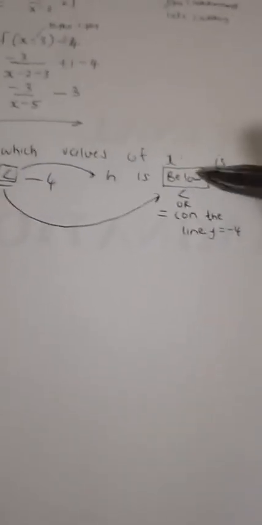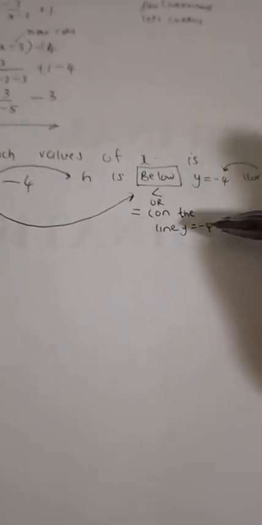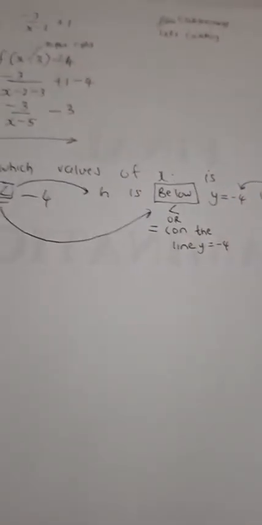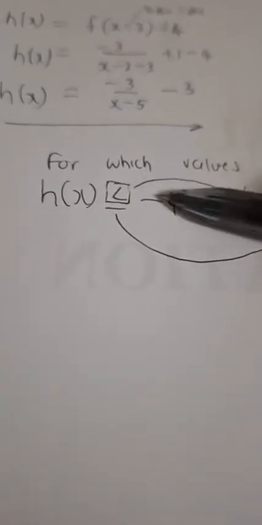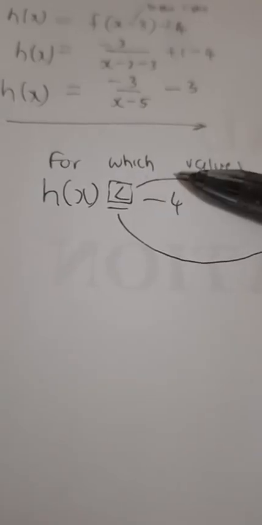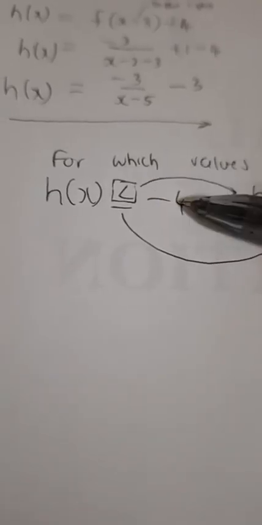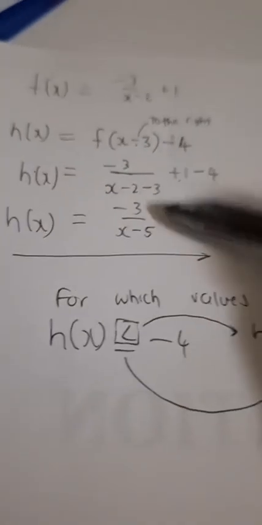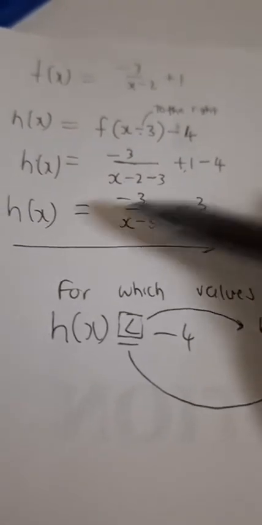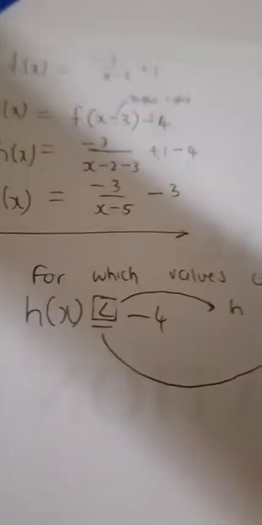So please take note, guys, because it is saying less than or equal to negative 4, we are looking at where the function h is. Remember, we just found the function h, which is this one. So we want to check where the function is below and on the line.